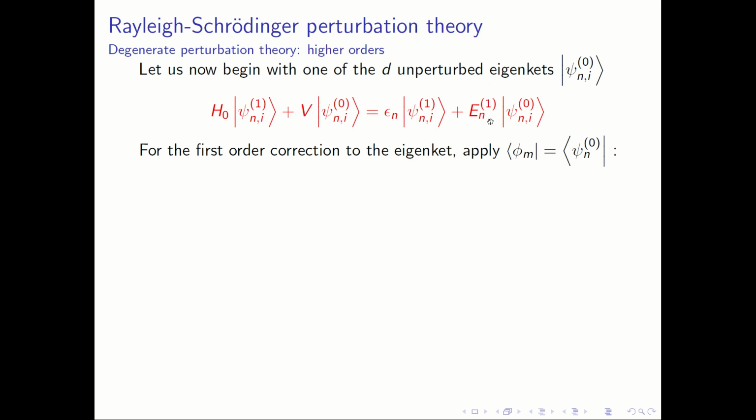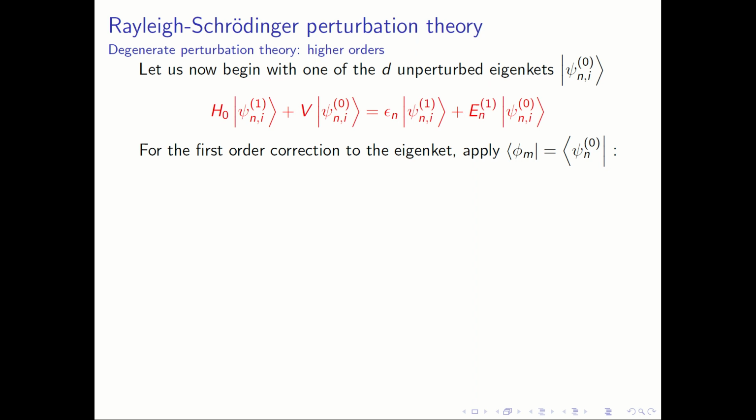So to find out the first order eigenket, the correction to the eigenket, we follow exactly what we did in non-degenerate perturbation theory. We apply an arbitrary bra phi m. Just to remind you, in order to find a ket, all you need to do is find out its projection or its component in the direction of the eigenkets phi m, eigenkets of H0 I mean, because remember H0 has a complete eigenspectrum.